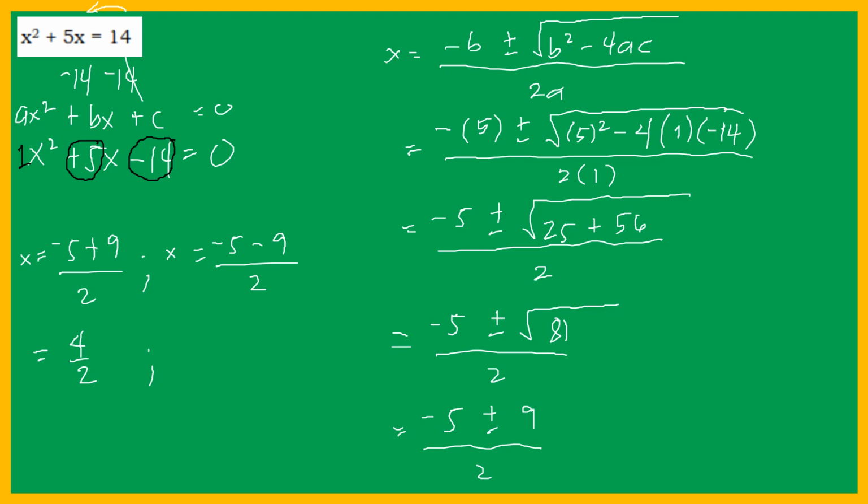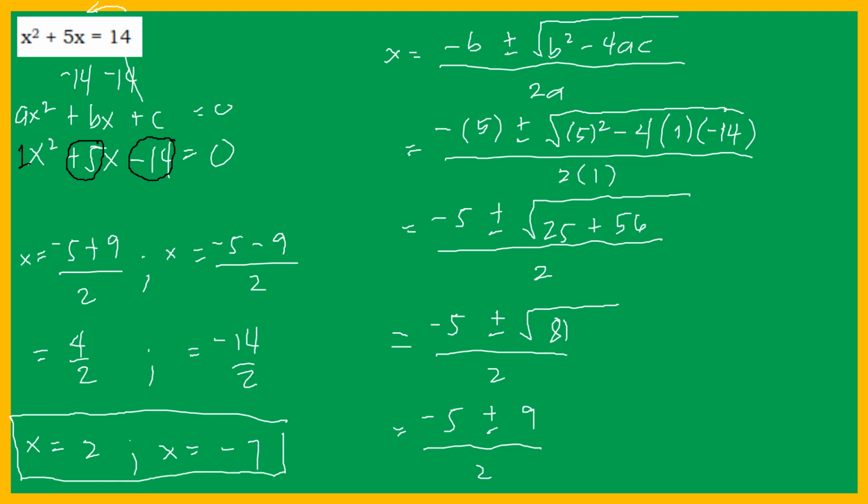Then this one is negative 5 minus 9 is negative 14 divided by 2. So our solutions will be 4 divided by 2 is 2, and negative 14 divided by 2 is negative 7. So these are our solutions of the given quadratic equation. Okay, next.